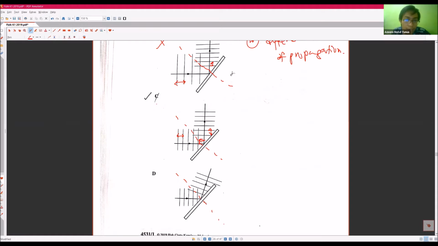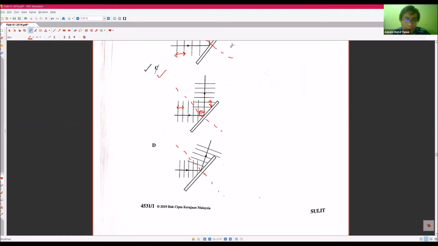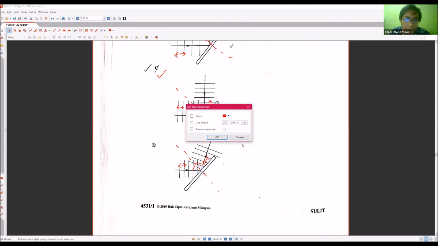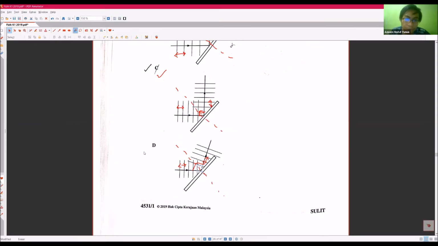So probably C is the correct answer. And D, if you have a ruler, you can check the wavelength is the same and the frequency is the same, and the speed is the same, but the direction of propagation is not perpendicular. What I mean is that the angle is different. The incident angle and the reflected angle are different.